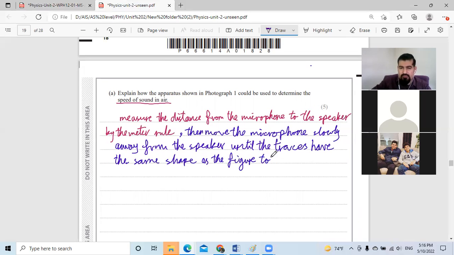To be antiphase, and measure the new distance.